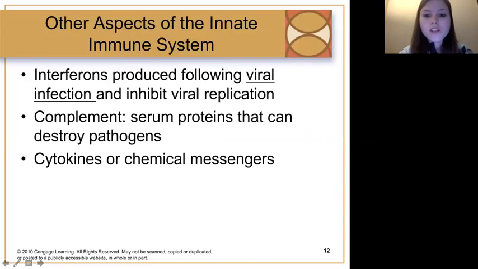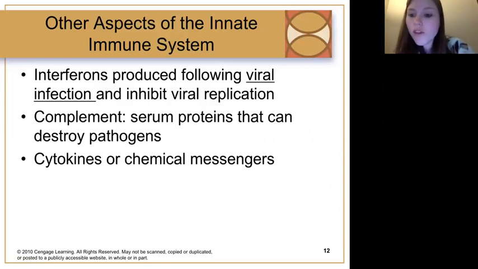So other aspects of the innate immune system, because it does involve a lot of different components: interferons that are produced following viral infection and inhibit viral replication. Just like those cells have receptors to recognize bacteria, viruses also cause infection, so they also have receptors to recognize viruses.